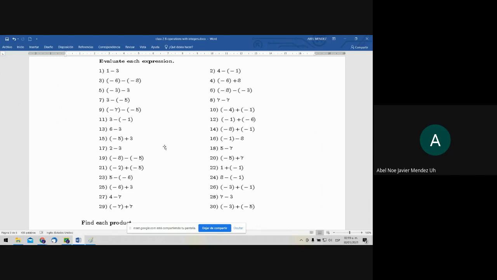The left column is for your practice. You can start.